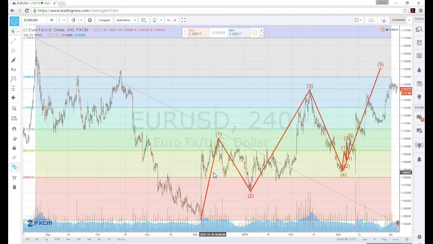Alright, so last class, these red lines are the Elliott wave I drew. This was the main trend, right? And I was showing over here the cycle within the main cycle.